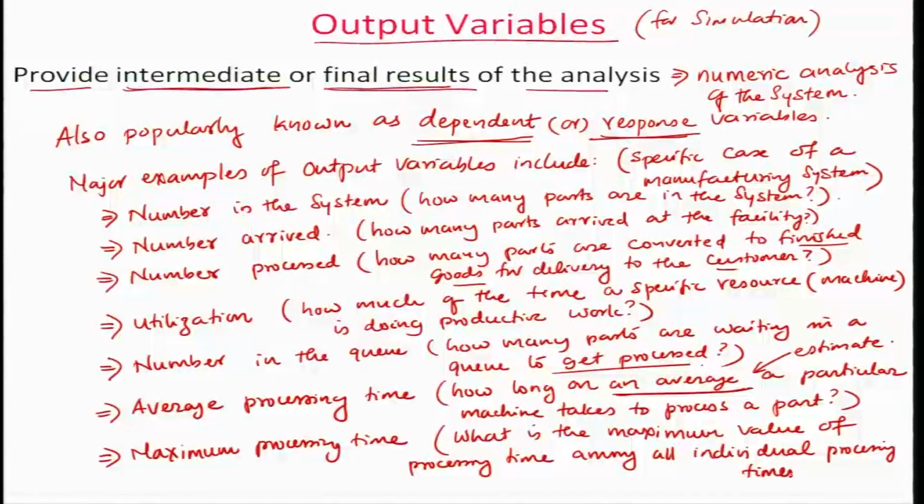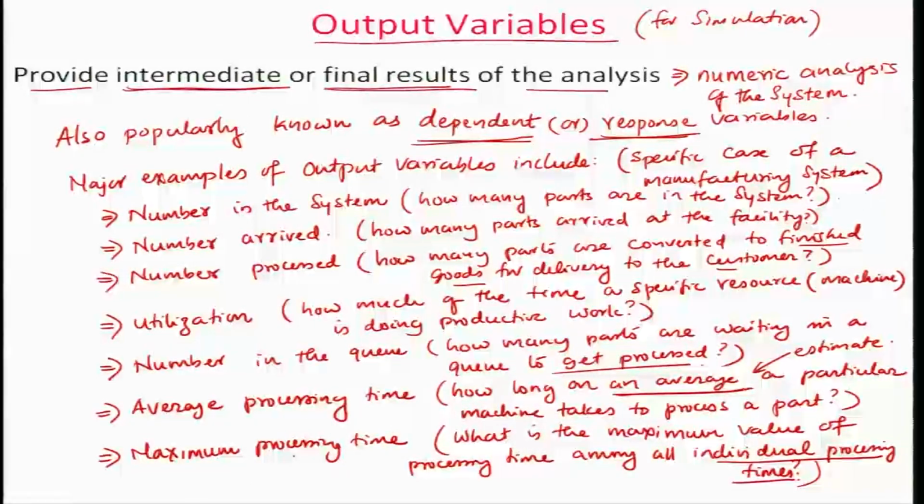So, what we are doing here is measuring: if you are producing 100 parts, each one of the parts will have an individual processing time, and from those 100 individual processing times, find the maximum value, and that will be the maximum processing time.